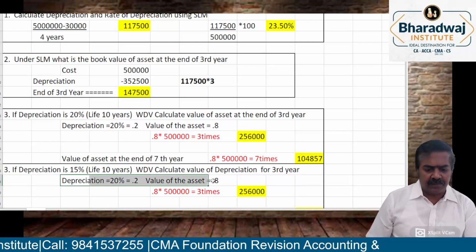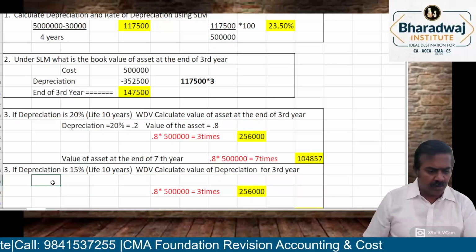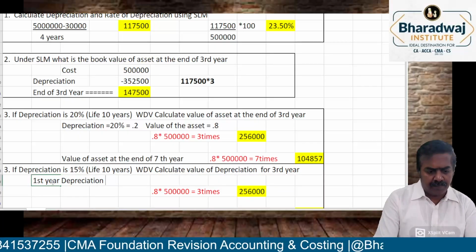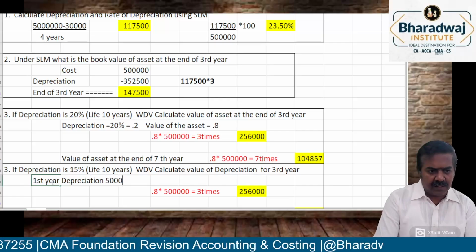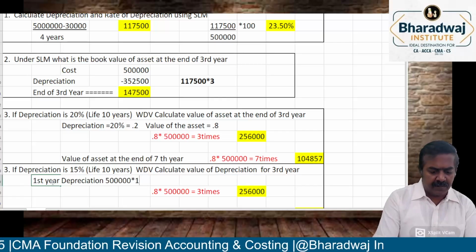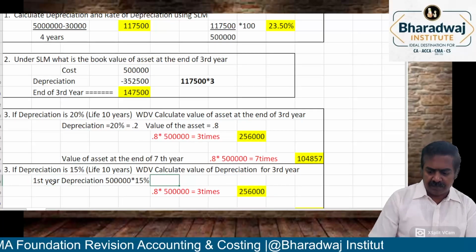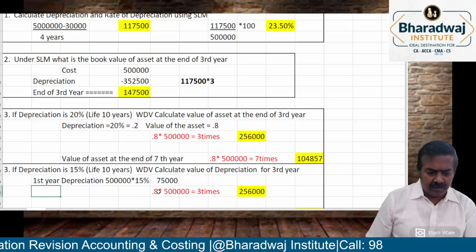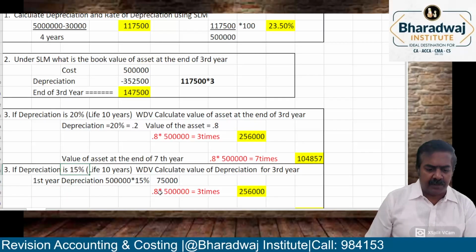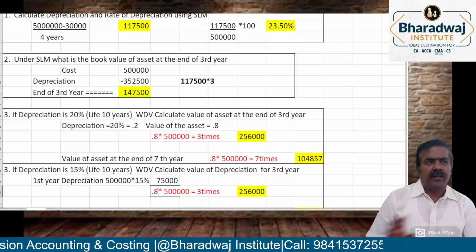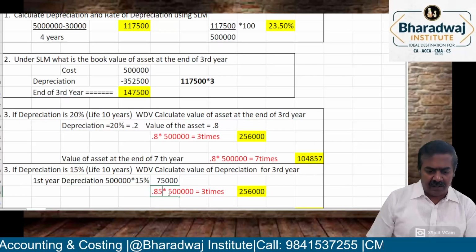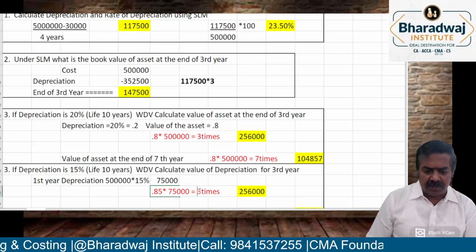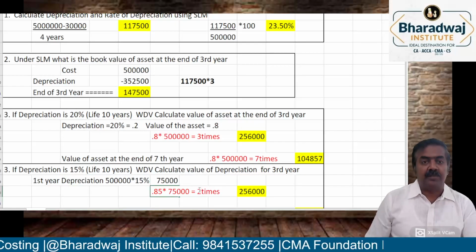Now what will you do? Work out first year depreciation. 5 lakhs into 15%. How much? 75,000. Thereafter, if depreciation is 15%, balance will be 85%. 0.85 into 75,000, press equal to symbol how many times? 2 times, not 3 times.